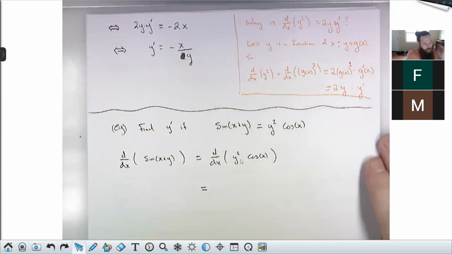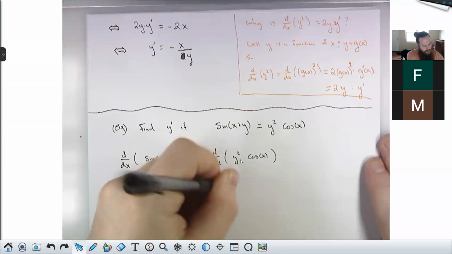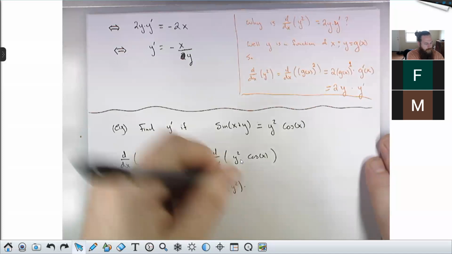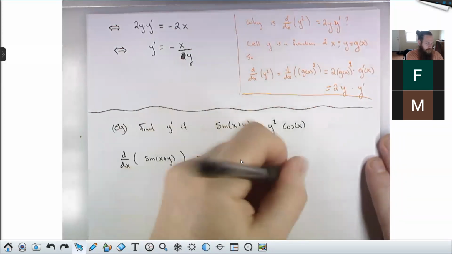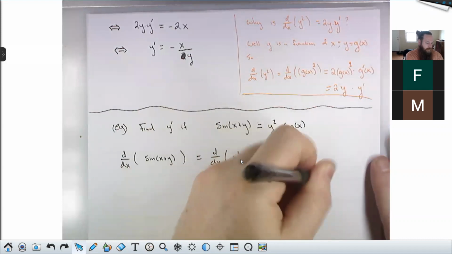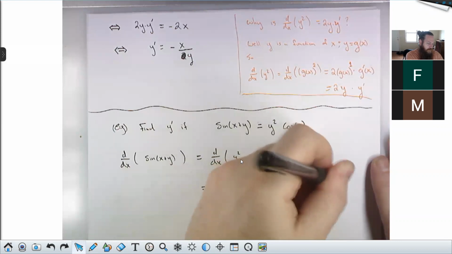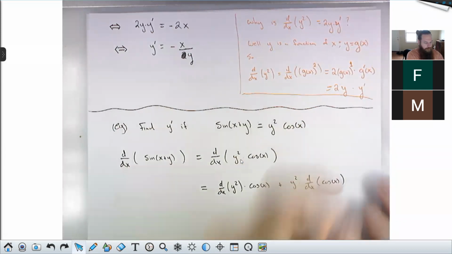If I follow my product rule, I'll just write it all out. This is d dx of y squared times cos x plus y squared times d dx of cos x. That's the product rule.